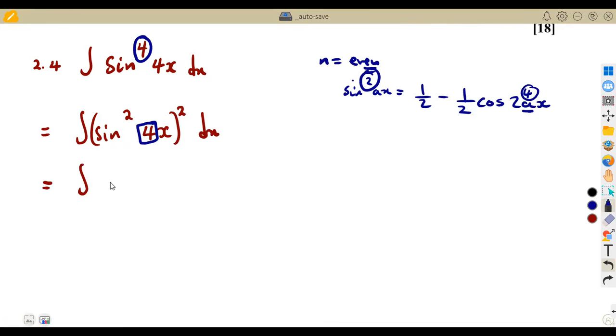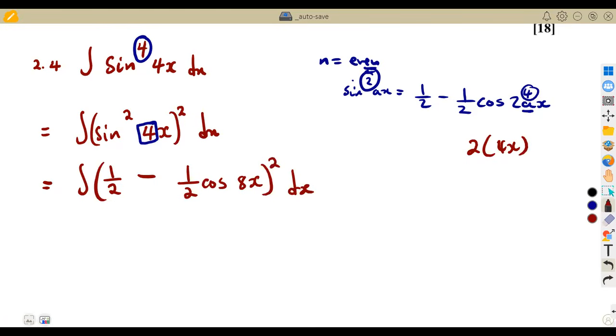So we are going to have a half minus a half again, then cos, instead of cos 2x, is 2 times our ax, which is 4x. So 2 times 4x is going to be 8x, so that will be cos 8x. You have to be careful on this one. And it's being squared, so we are going to square this with respect to x.